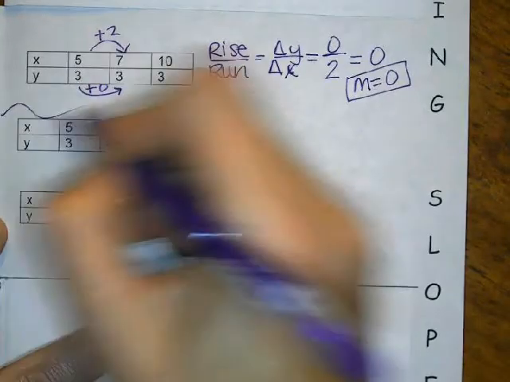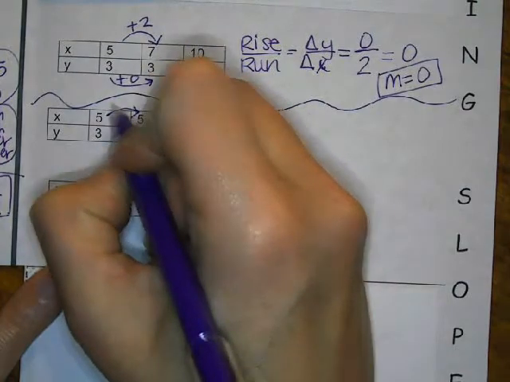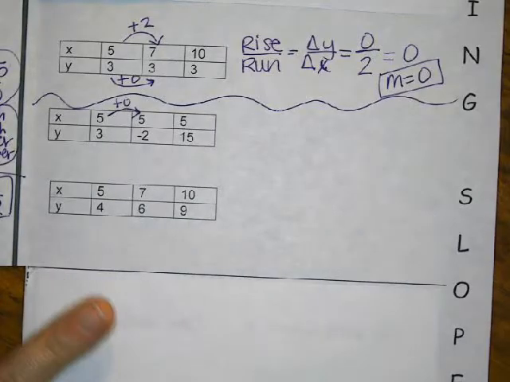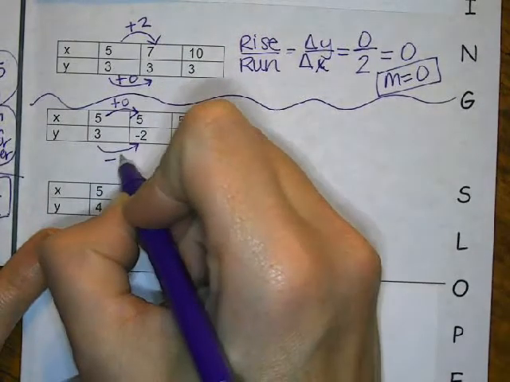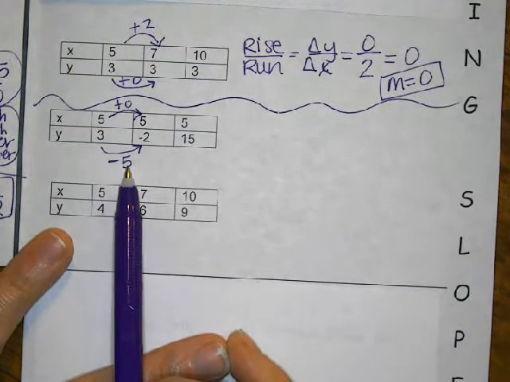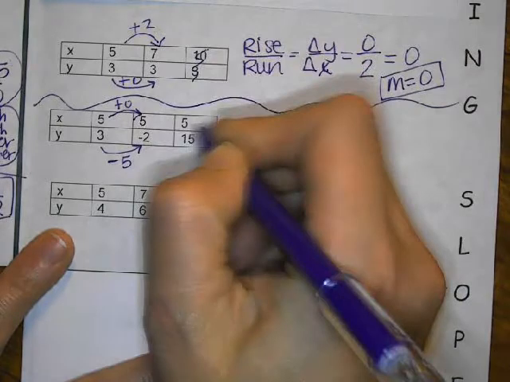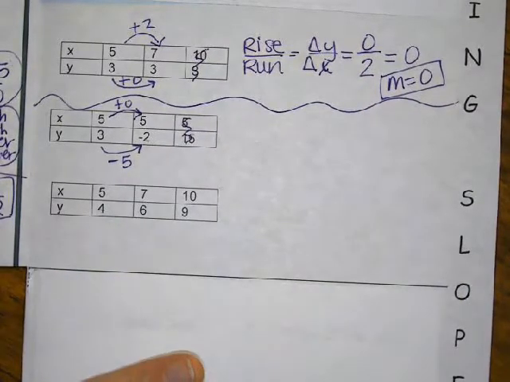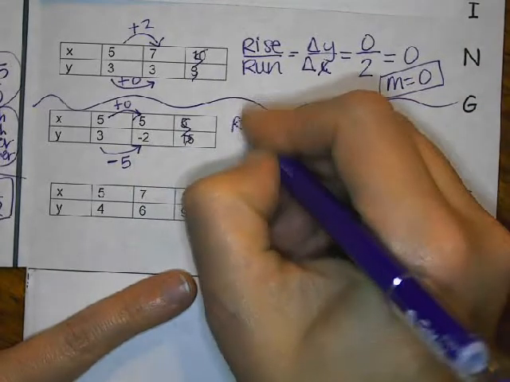But if I look at the next graph, how much did the x's change? The x's changed by 0. And how much did the y's change? The y's changed by negative 5. Notice how I wrote it went down 5, negative 5. Also, I forgot to mention you can always cross off that third point if it bugs you. So 0 and negative 5.